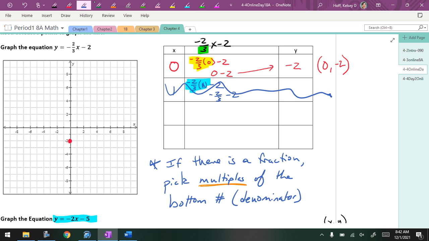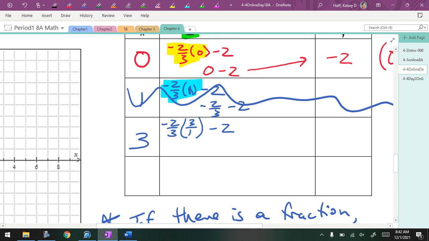So let's plug in 3. Negative 2/3 times, can I write 3 over 1? Yes. Okay, and then minus 2. Why does Miss Hoff say to pick 3? Because you can cancel out. They cancel.